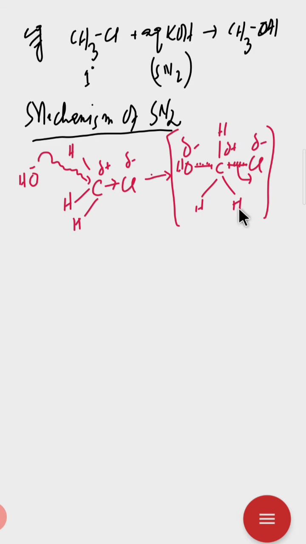So Cl goes out, and we will get this product. Now Cl was on the right side, but after substitution OH comes on the left side. So this is called inversion of configuration. This is how the SN2 mechanism takes place.